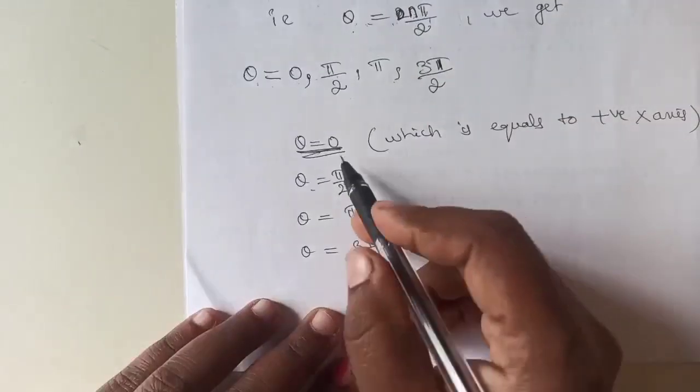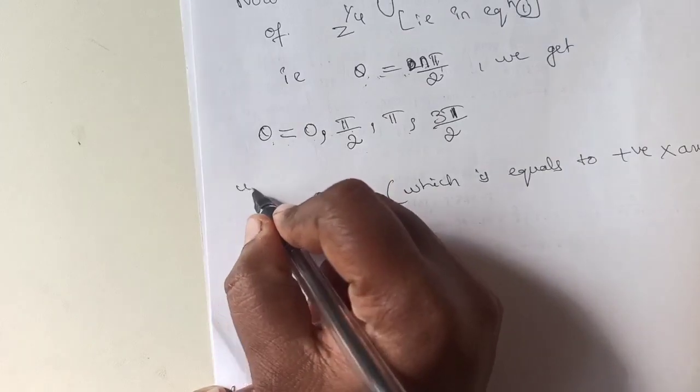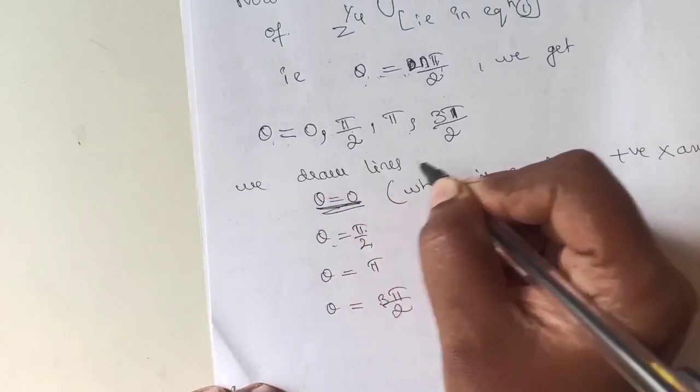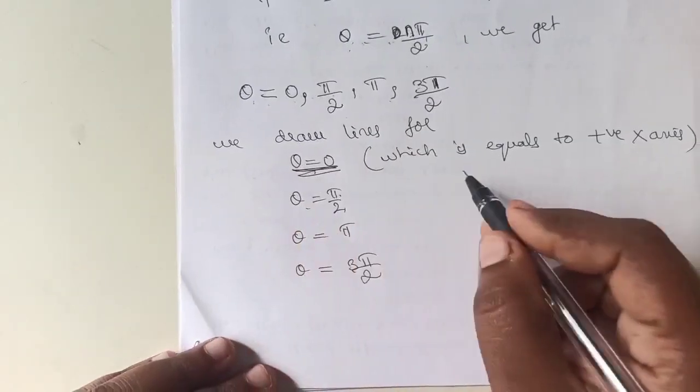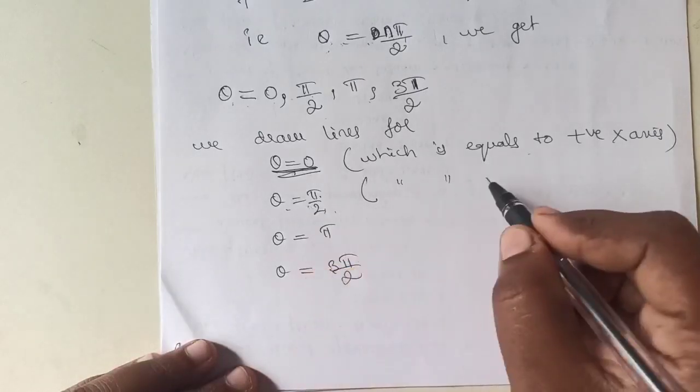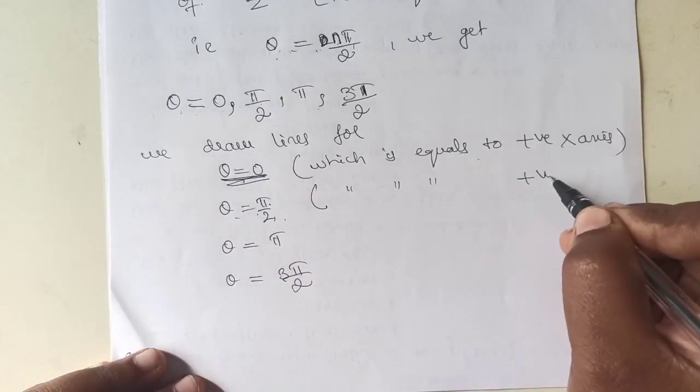Okay, so we draw lines for theta equals 0, which is the positive x-axis. Next theta equals pi by 2 is the positive y-axis.